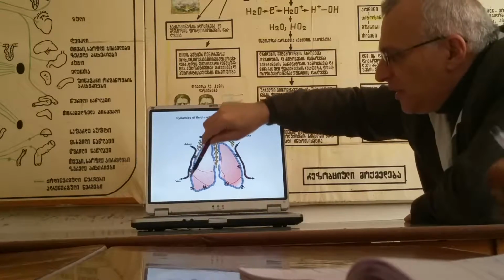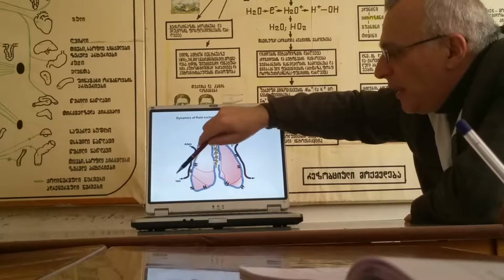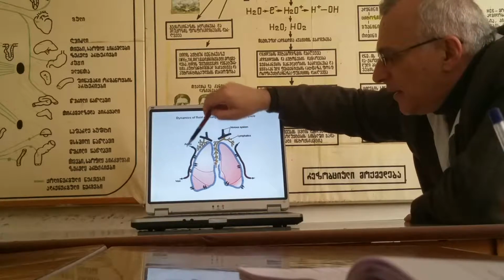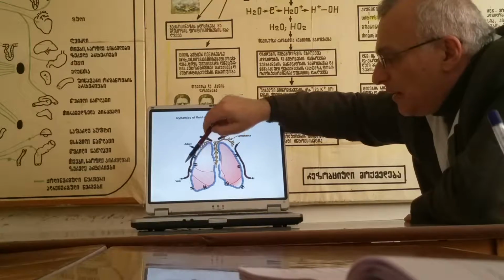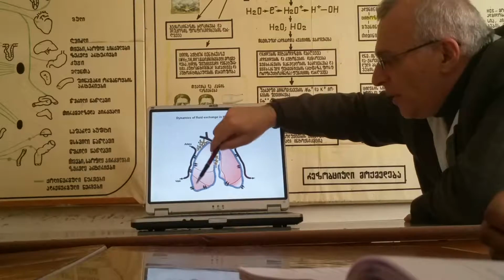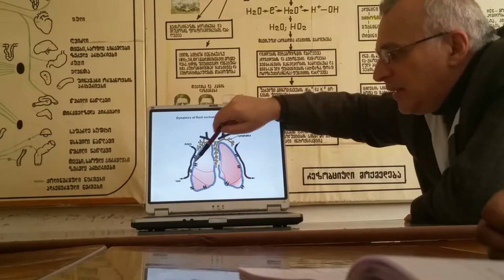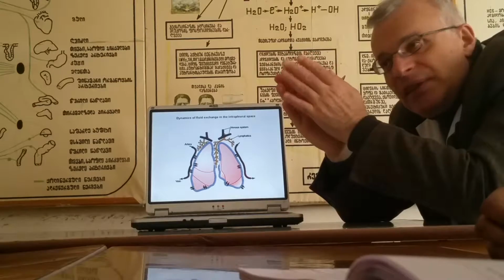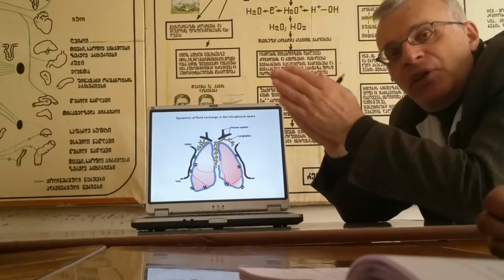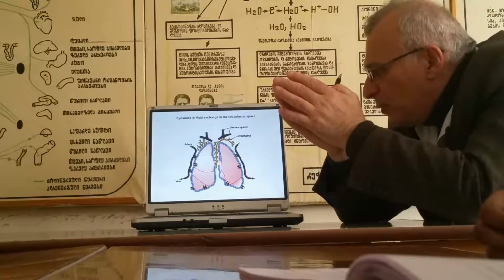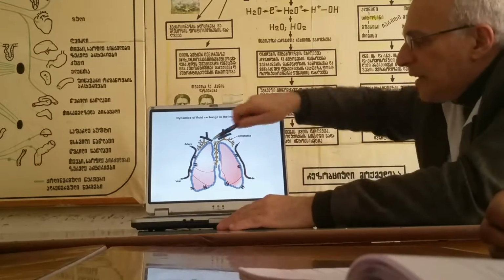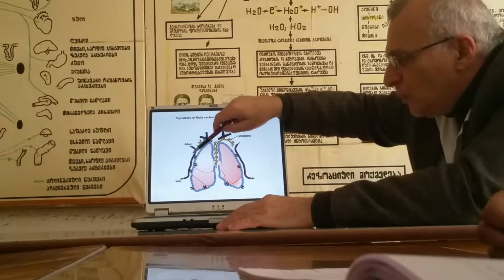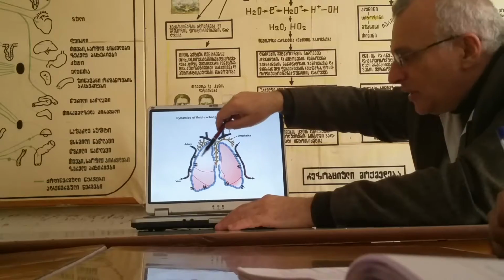Interstitial fluid is here. This is in capillaries, with arterial blood, and this is venous blood. Usually they are very close, with a very narrow space between them, so some fluids and substances move.